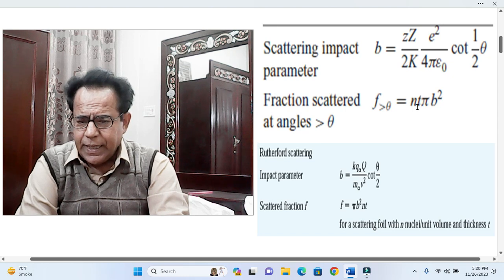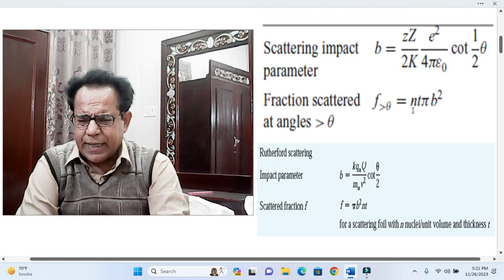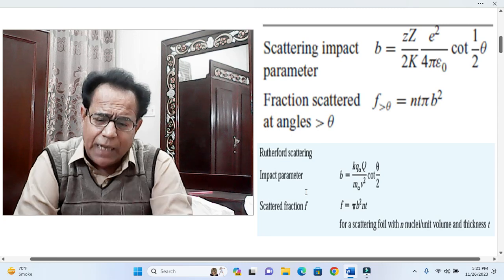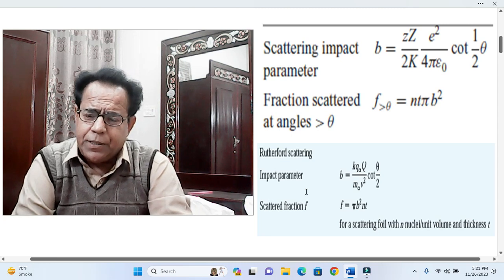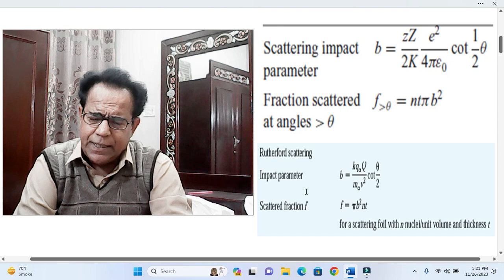Okay, here n is the number of nuclei per unit volume, t is the thickness, pi is 22 by 7, that is 3.14, and b is the impact parameter. Okay. In this second snapshot, the same philosophy has been repeated in a slightly different mode.